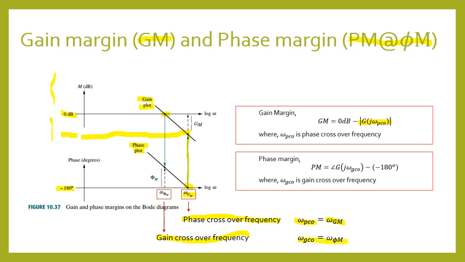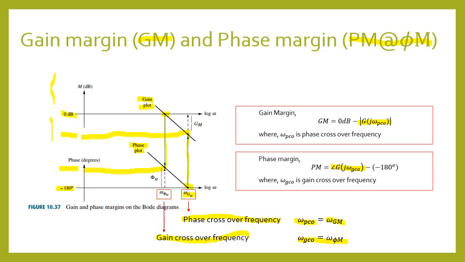At this frequency, you go to the phase plot and check the phase value. Then the value that you obtain here, you substitute into the phase margin formula, where PM equals phase at omega GCO minus 180 degrees.